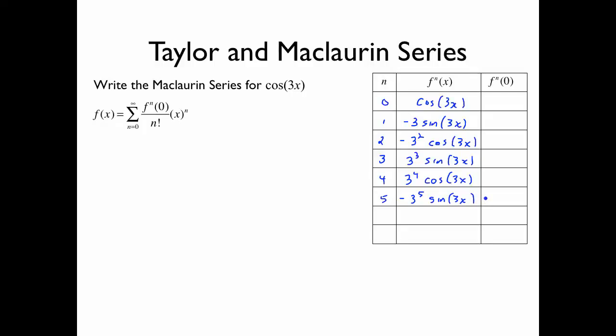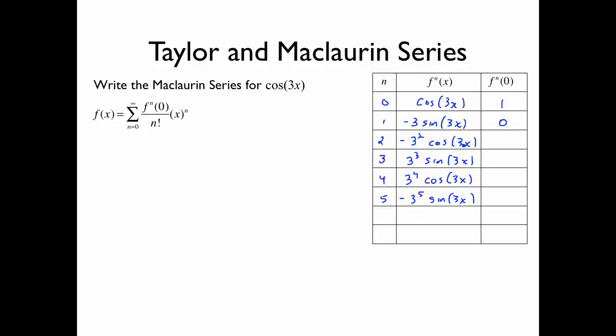Okay, now what we need is evaluated at 0. So, cosine of 0, 1. Negative 3 sine of 0, 0.